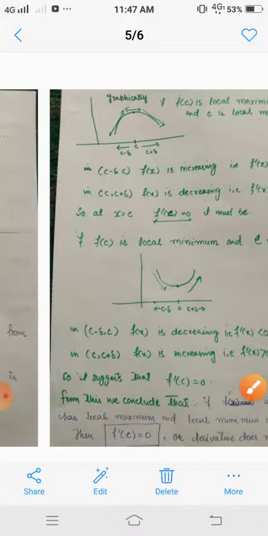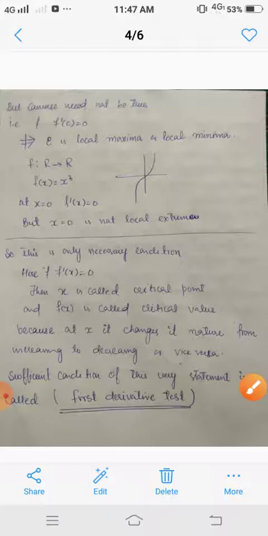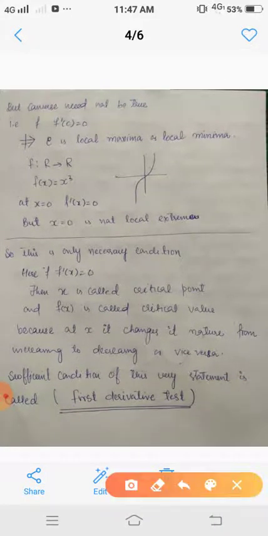Now what about the converse? The converse means that if f dash of C is 0, does it imply that C is a local extremum, that is a local minima or local maxima? For this we consider an example, f from R to R, f of x equals x cube. Its derivative is 3x squared, so at x equals 0 the derivative is 0.